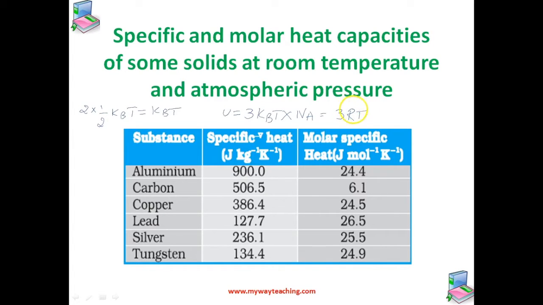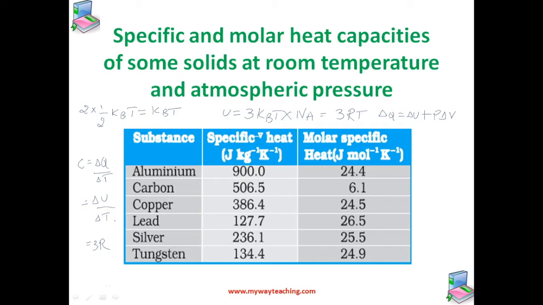At constant pressure, we know that delta Q is equal to delta U plus P into delta V. Since for a solid delta V is negligible, we can consider C is equal to delta Q by delta T, or in other words, that is equal to delta U by delta T, that is 3R.